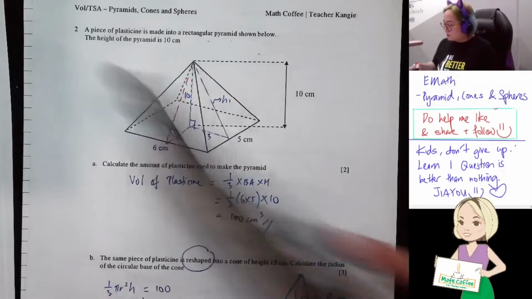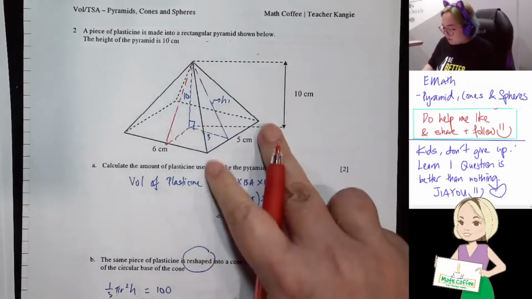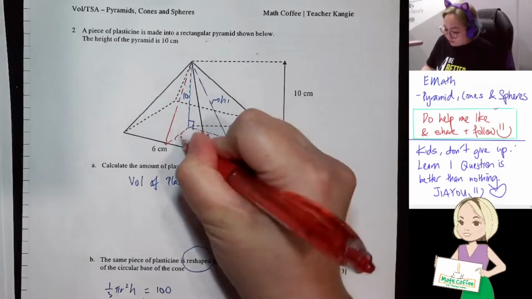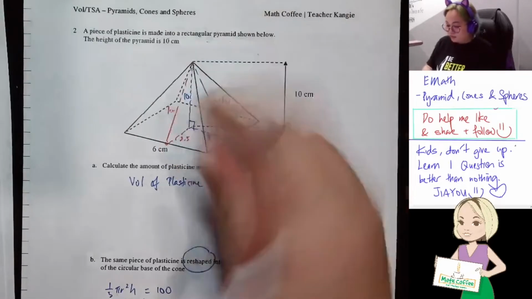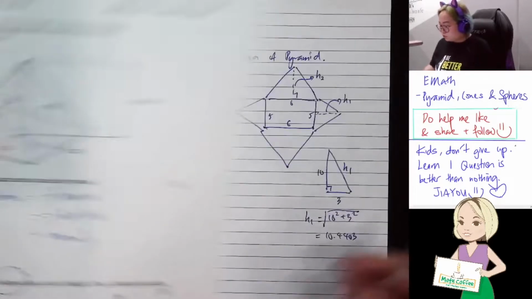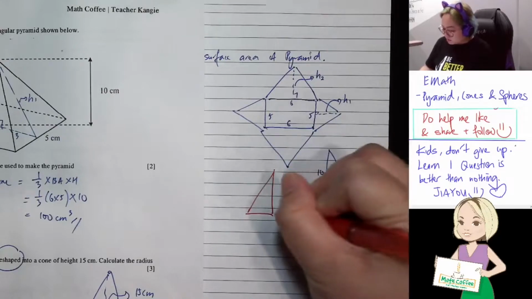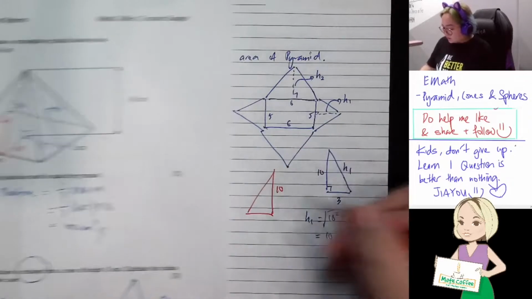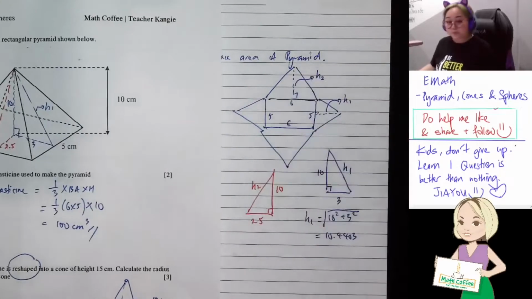Okay, so this one will be half of 5, which is 2.5, and this will be my height 2, H2. Over here I'm going to use red color to draw out. This is still 10, this is 2.5, and this is my H2.